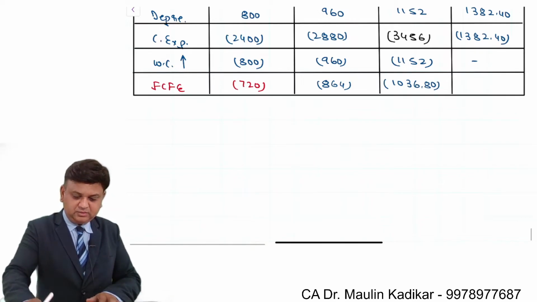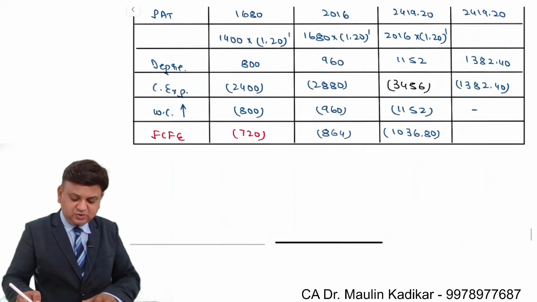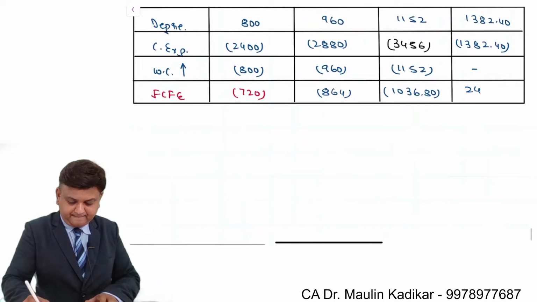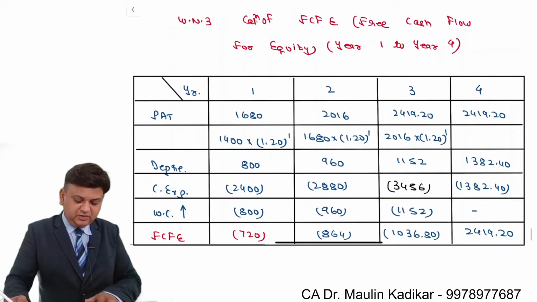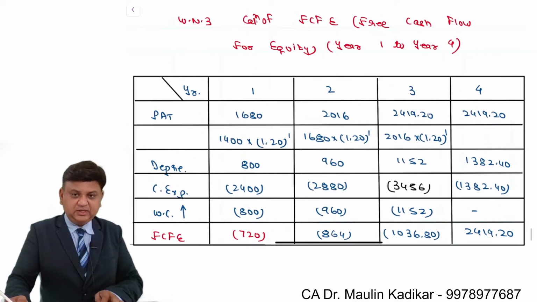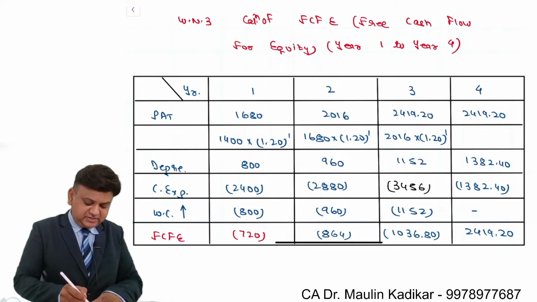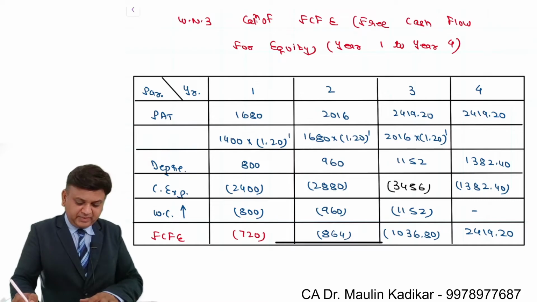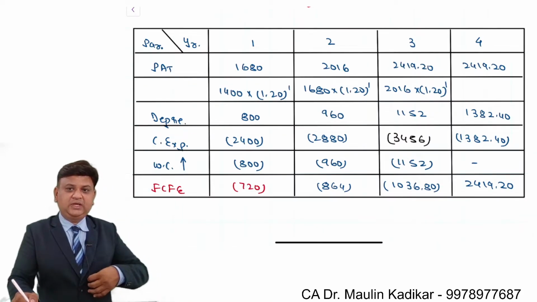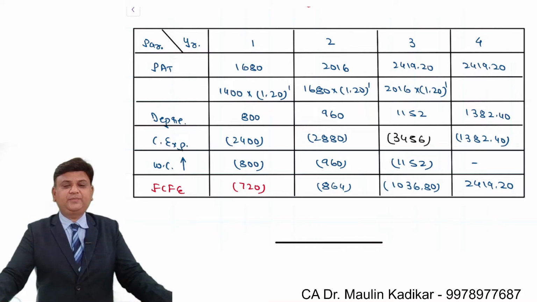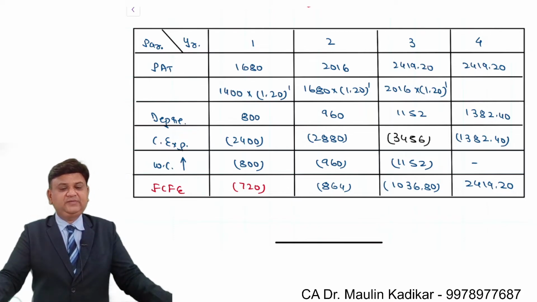For the fourth year, it is 2419.2. That is the way we'll have the free cash flow for equity. It means, friends, for the first 3 years we have to make investment, and then from fourth year onwards for perpetuity, we will receive an amount of cash inflow.